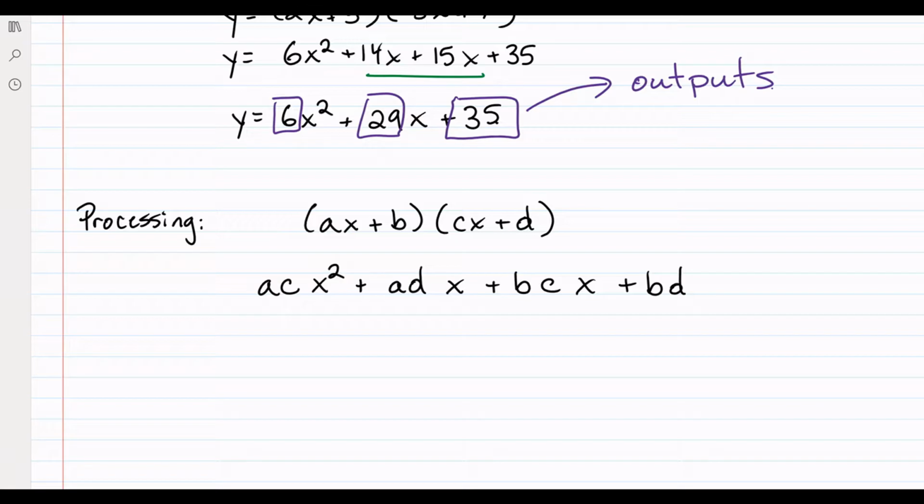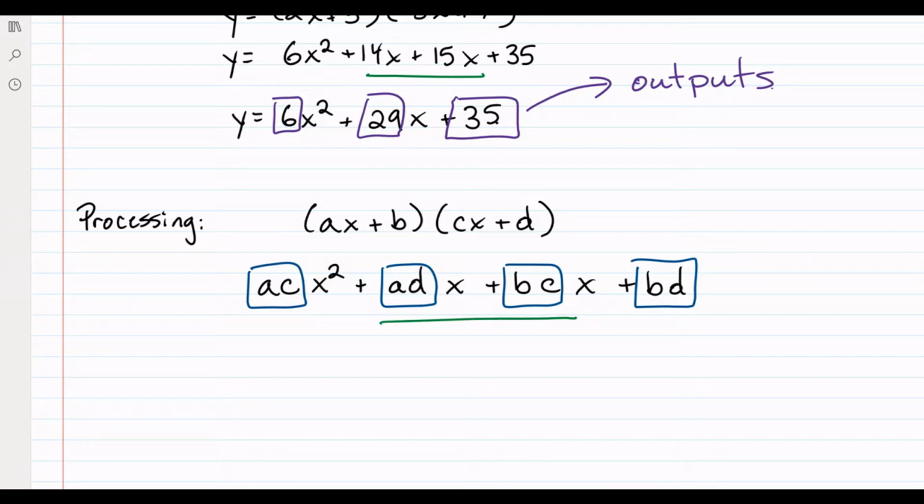Okay, so we're concerned with the numbers here. Again, I have to collect these like terms in the center. So I would have AC x squared plus (AD plus BC) x plus BD.